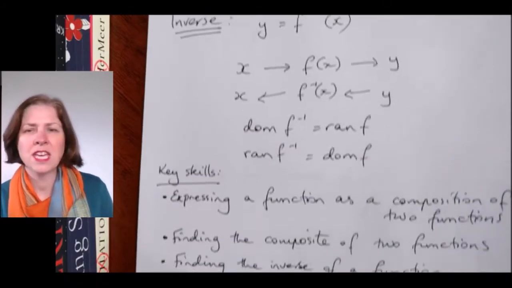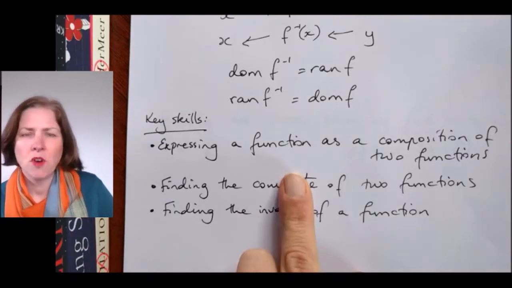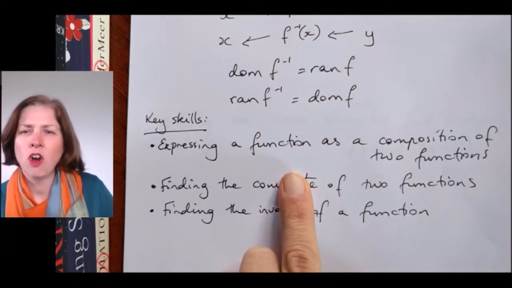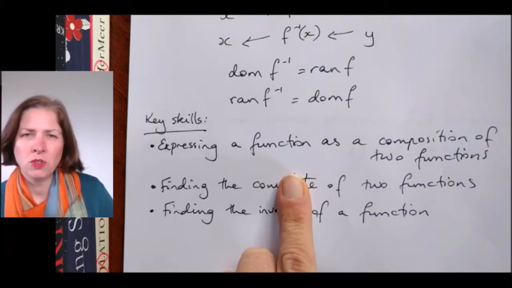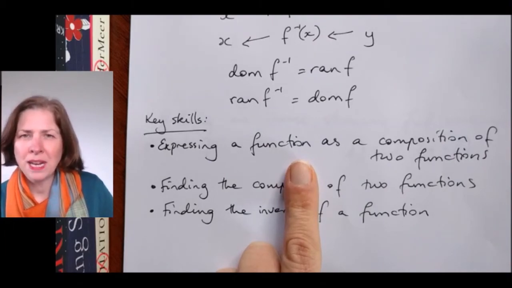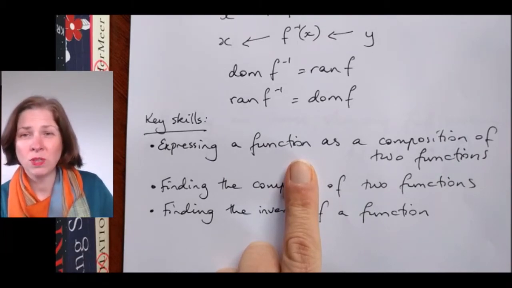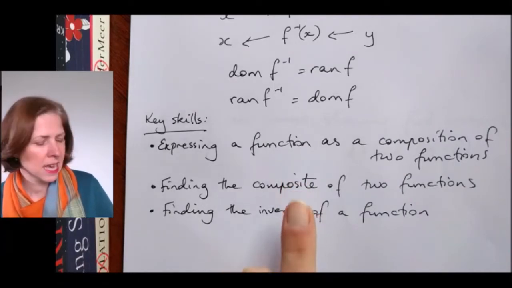So here are some of the key skills that we're going to look at. We need to make sure we know how to express a function as a composition of two functions. This is also important when we do differentiation and we use the chain rule. One of the main places that people go wrong when using the chain rule is they actually can't do this step. So we're going to practice that.